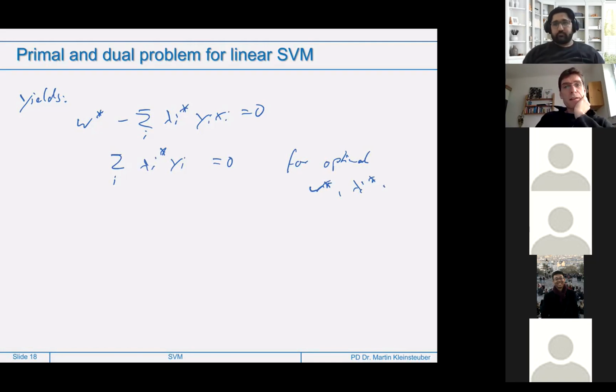This comes from the first Karush-Kuhn-Tucker condition, and we have also the last Karush-Kuhn-Tucker condition.